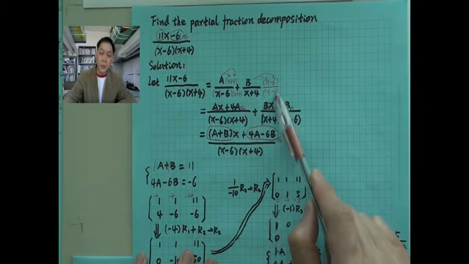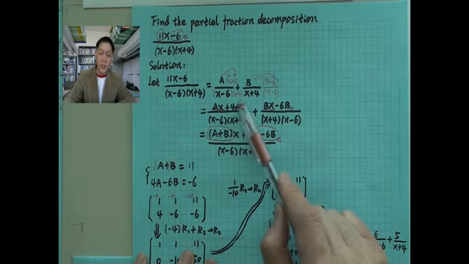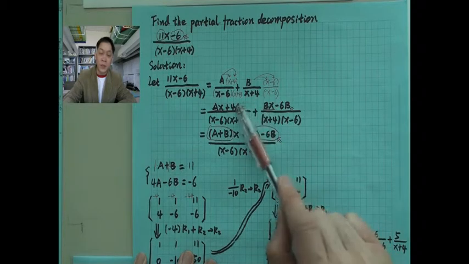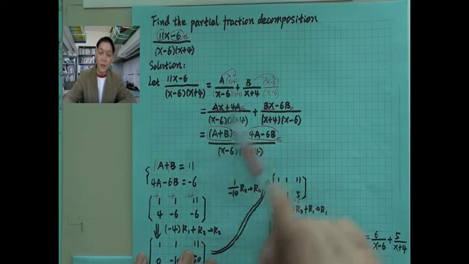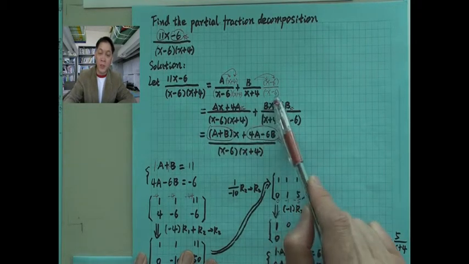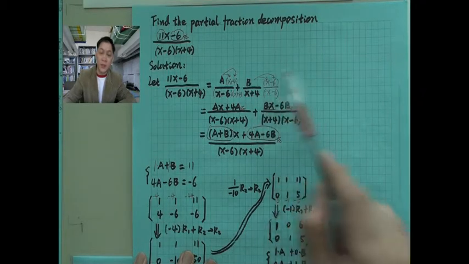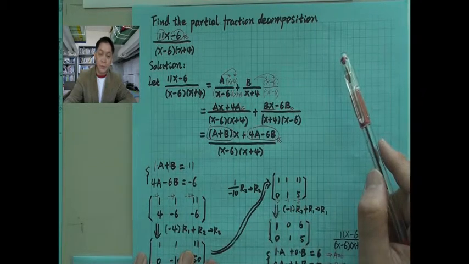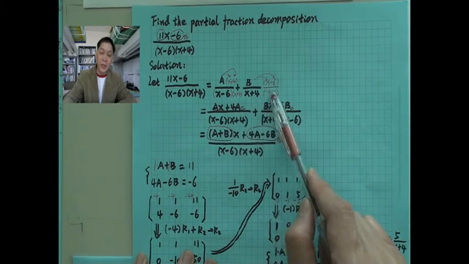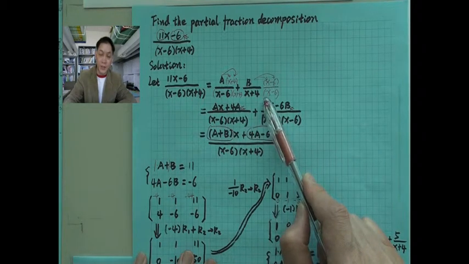Then you have a common denominator, (x - 6)(x + 4). Once the denominators are the same, you can keep it and work on the numerators.